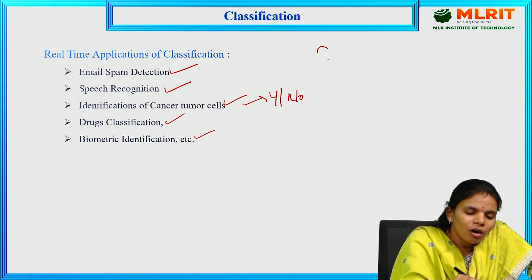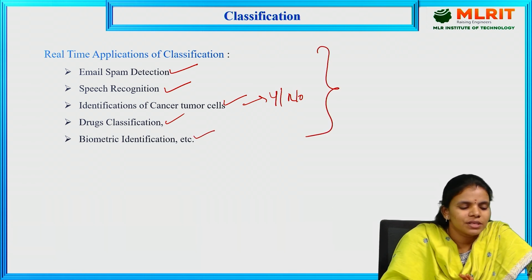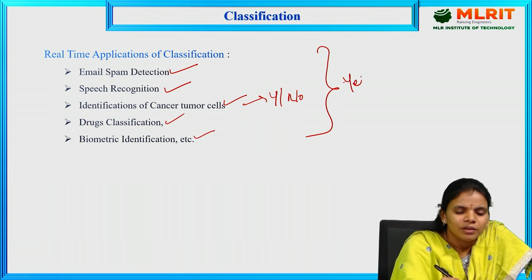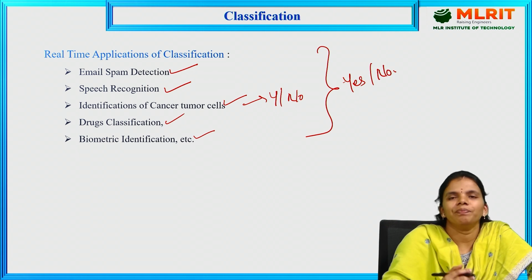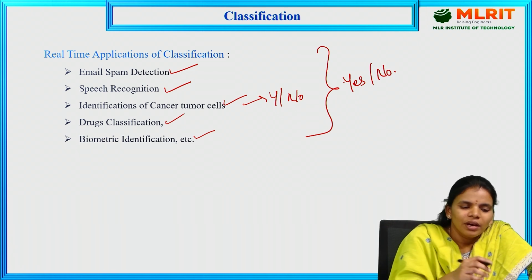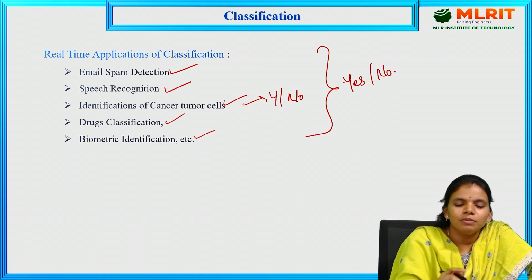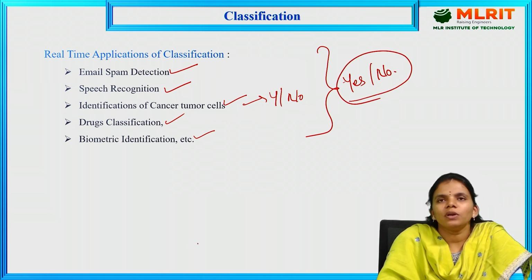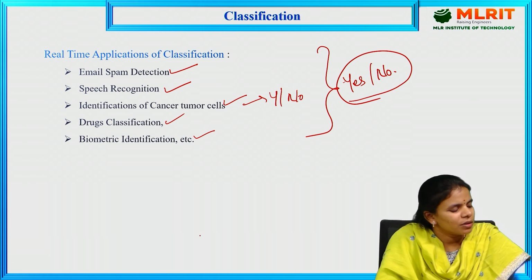All these real-world applications have an output variable of only yes or no, right? So we use classification algorithms to predict the categorical output variable. This is the main goal of the classification algorithm.